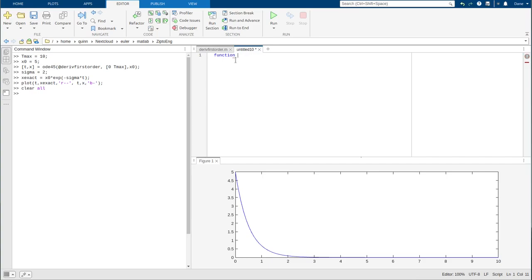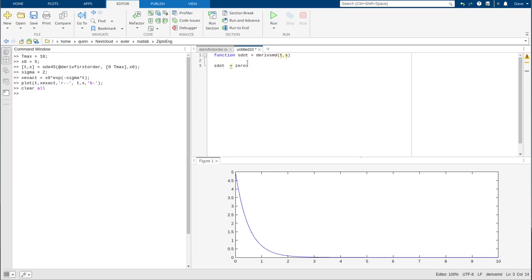Function s dot equals deriv smd, spring mass damper, t comma s. Right, so again, we have inputs. We're returning the derivatives of those. Just like before, I need to go through and define those derivatives. Now, just as a hint, MATLAB needs a column vector.